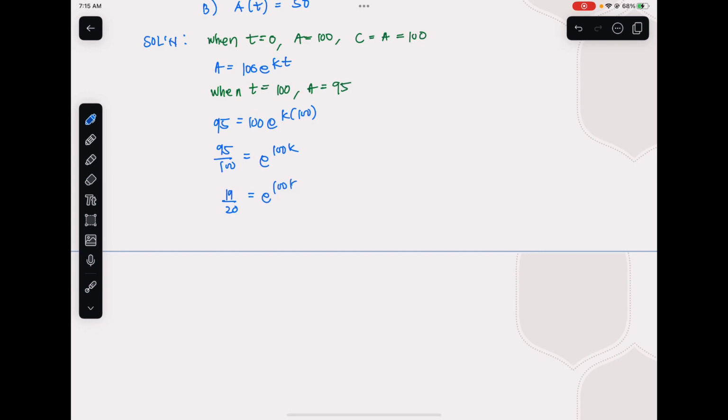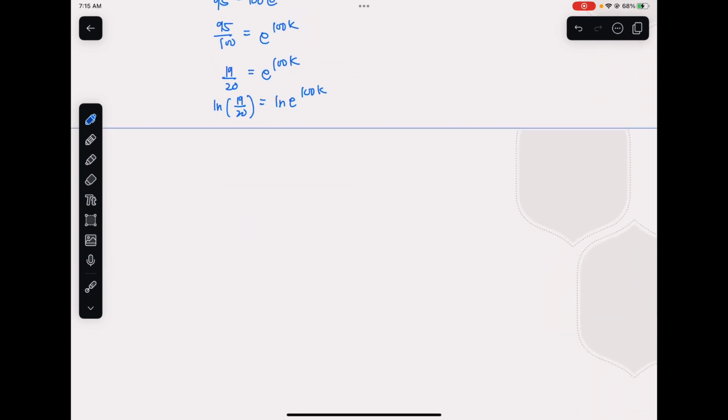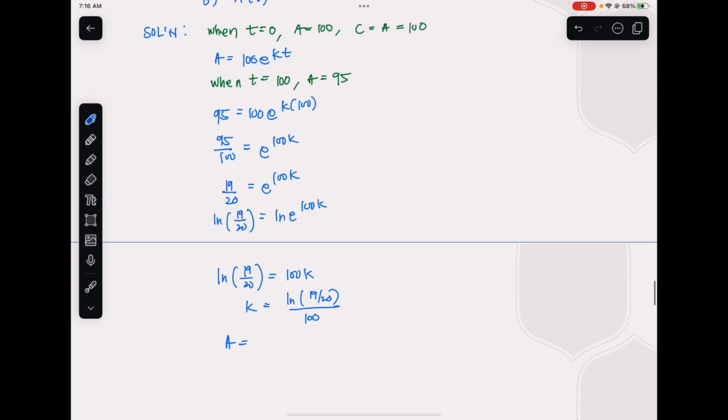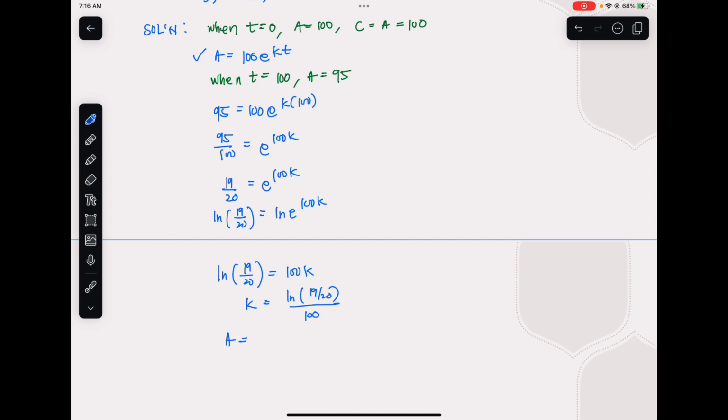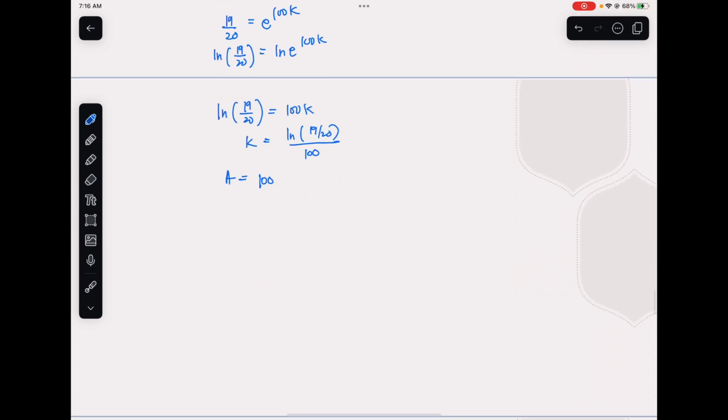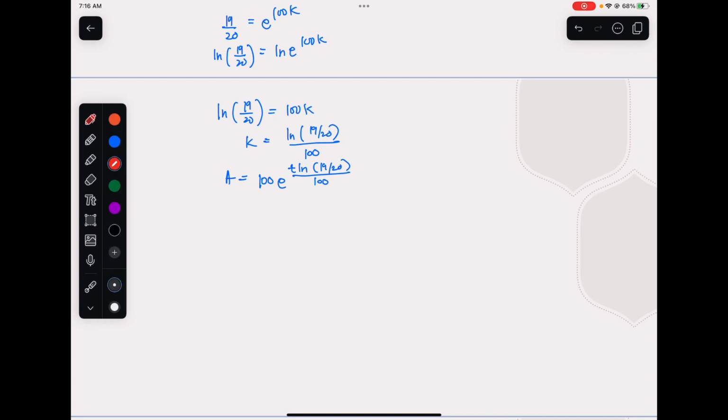Taking the natural logarithm of both sides, ln of 19/20 equals 100k, and k is ln of 19/20 divided by 100. So using the formula A = 100 e^(kt), that becomes 100 e raised to t ln(19/20) divided by 100. That is our working equation.